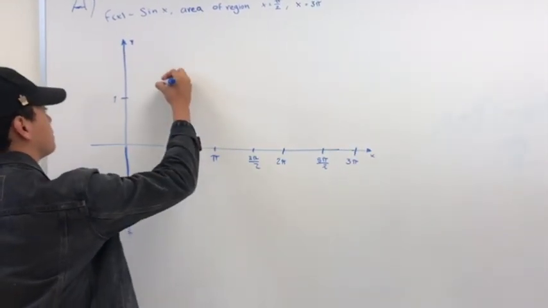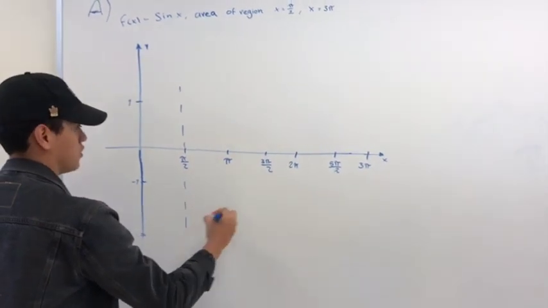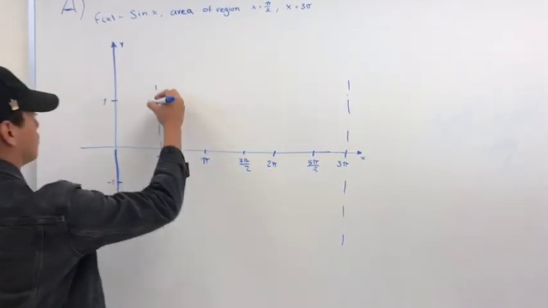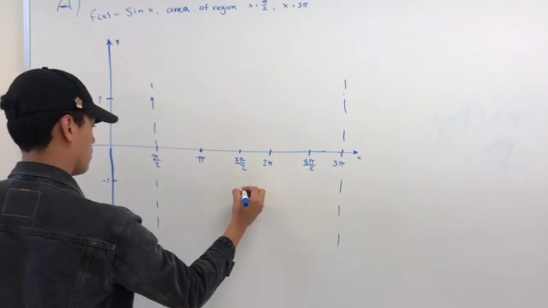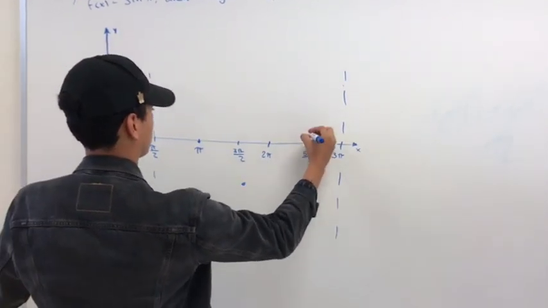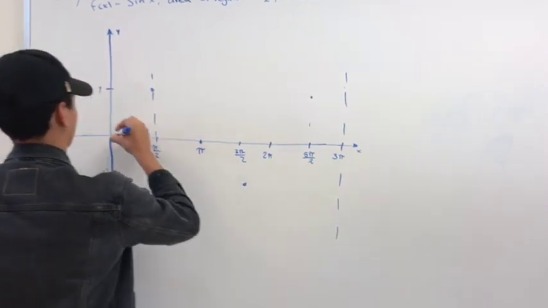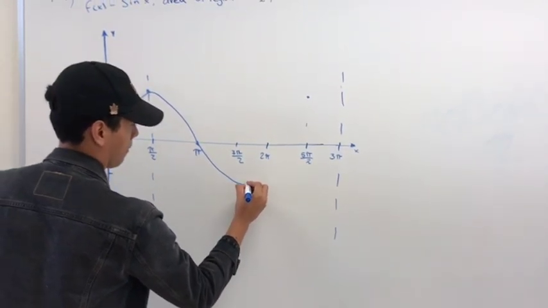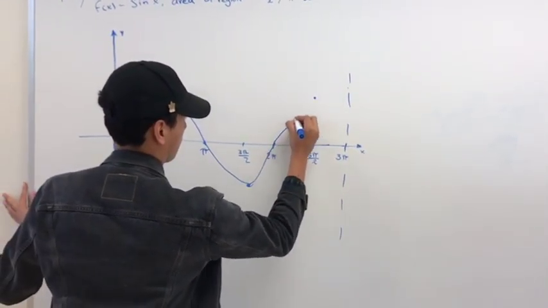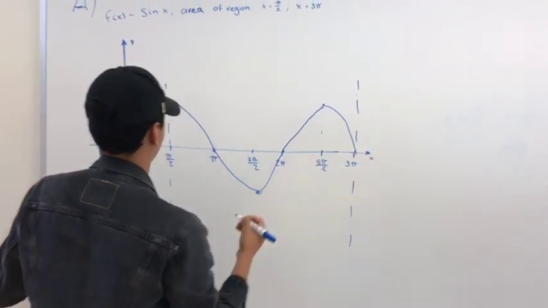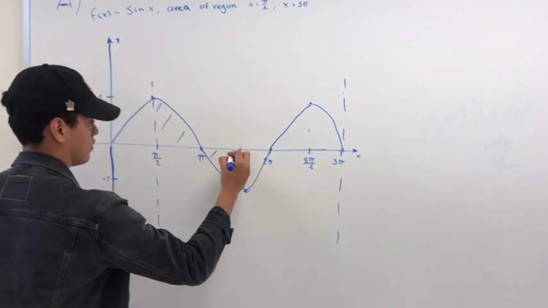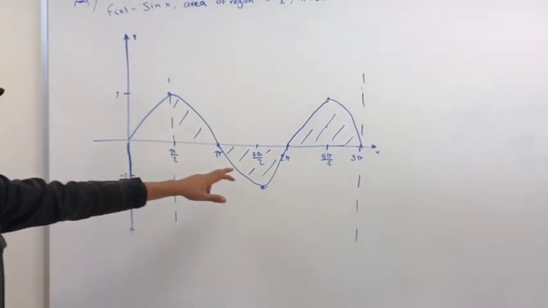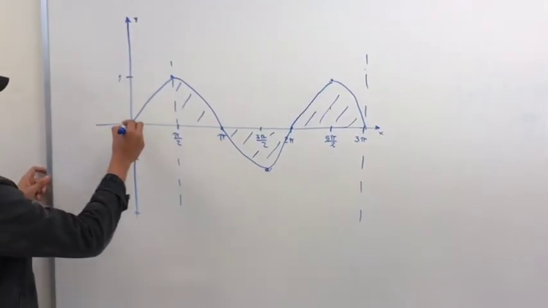So it's asking us from here to... As these three are the same thing, we're gonna get the area from 0 to pi.